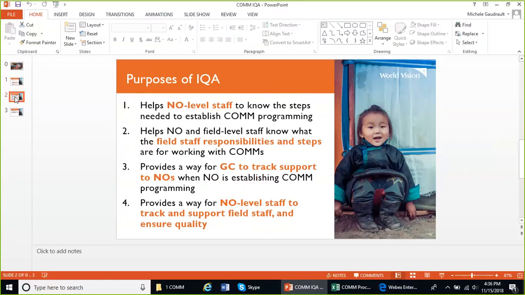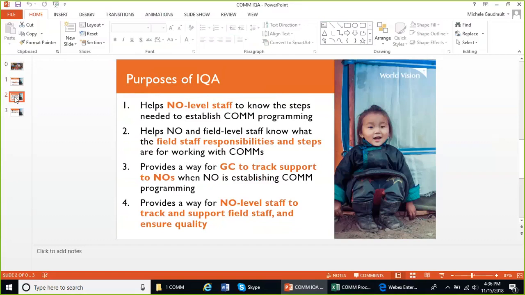So that implementation tab, you can and probably should ideally show this or give it to field staff before they begin implementing so that it serves as their own guide for what they're going to do in the field with the comms.